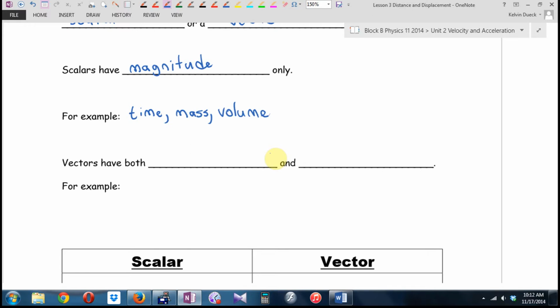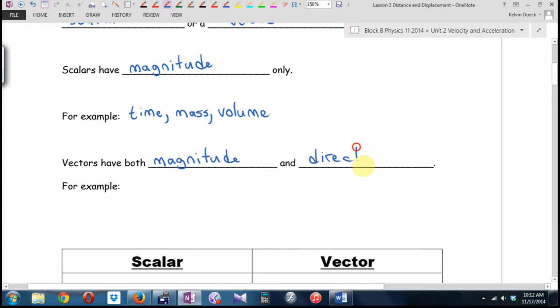Vectors have both magnitude and a direction, and that's going to become important. For example, velocity is going to be a vector.